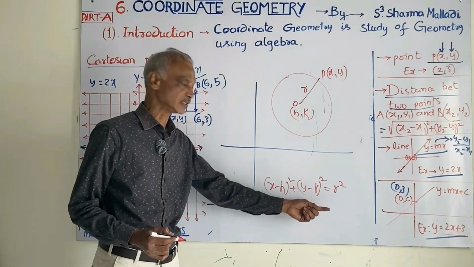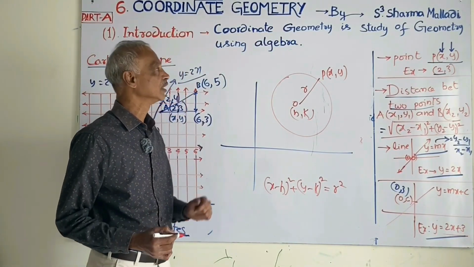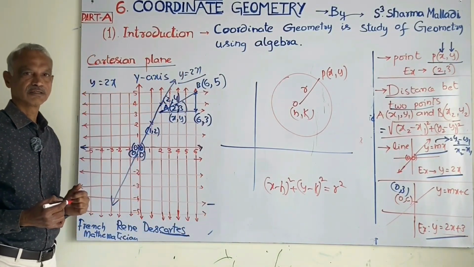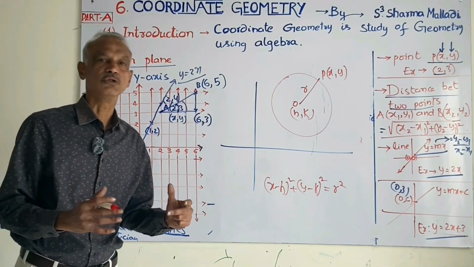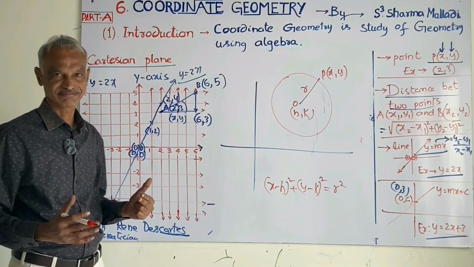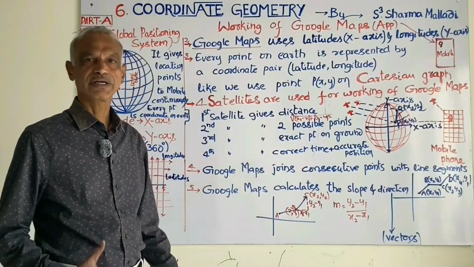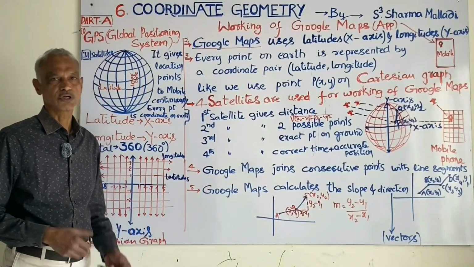Like this, algebraic equations are very important to study geometry. Like that, the Cartesian plane is a very important tool to develop a coordinate system. I have already told you what the use of coordinate geometry is.